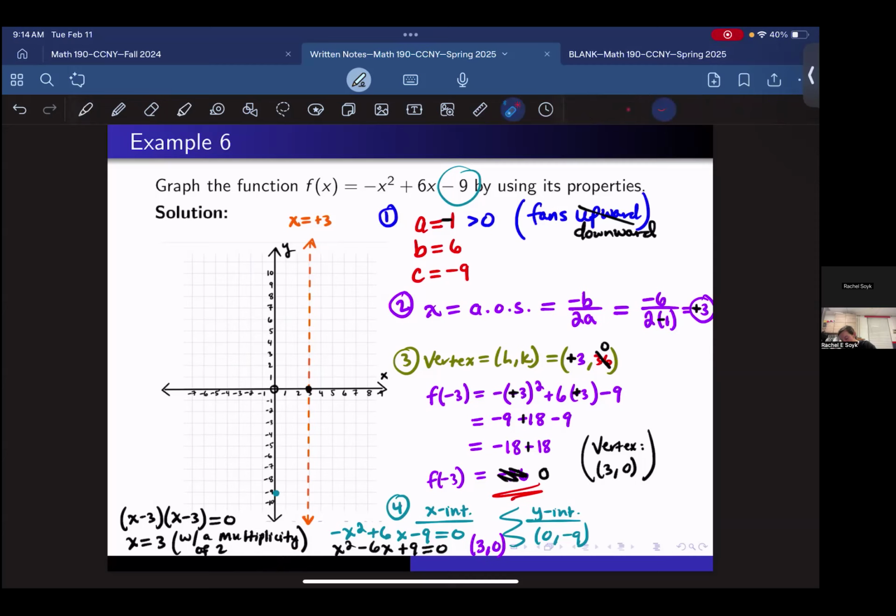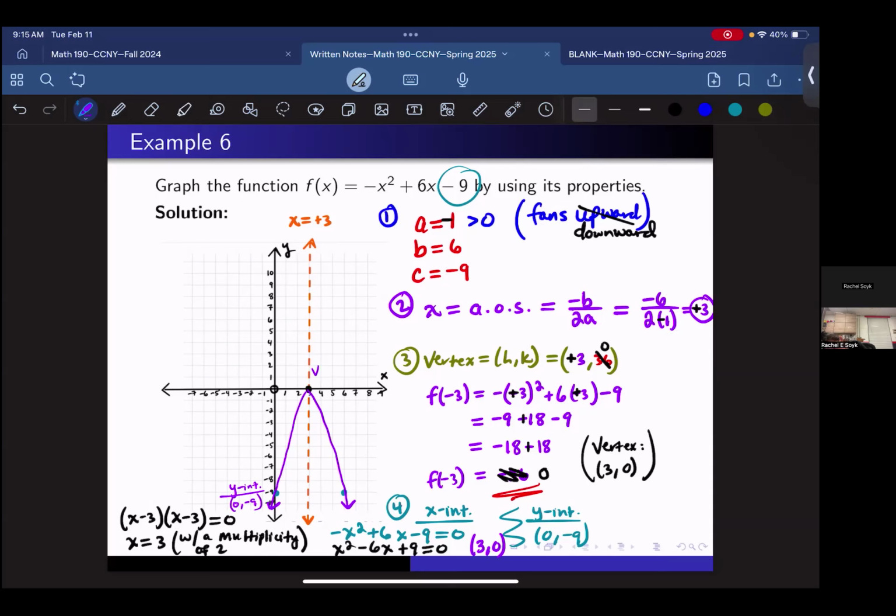But now we can add in that additional point from the reflection over our axis of symmetry. And there we go. Connect the dots, label your graph properly. So we have our y-intercept, which is 0, -9.